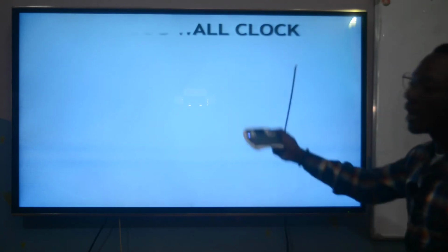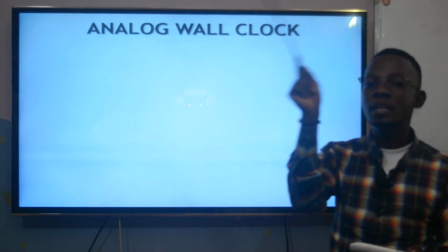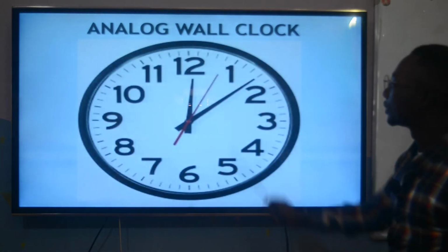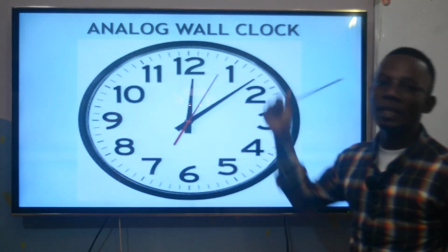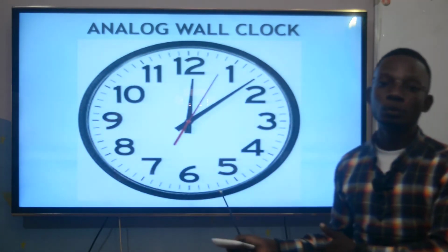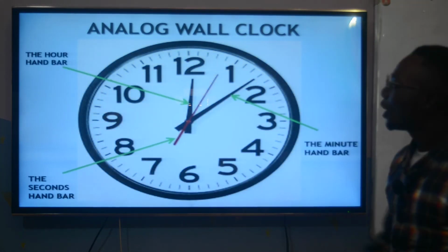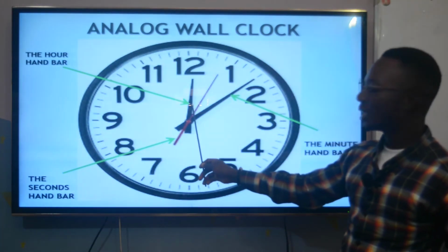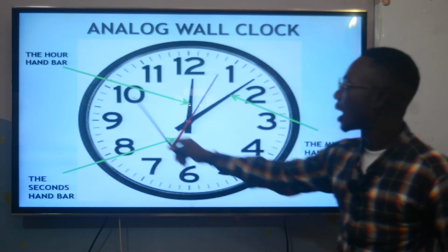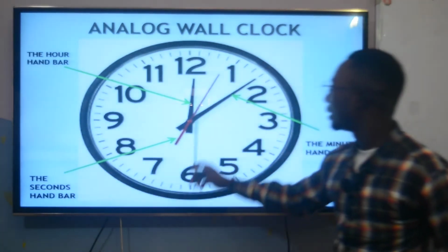Now let's check the analog wall clock too. As I told you, analog, they are being measured. This is an analog wall clock, different from the digital wall clock that I showed you. We have the hour hand bar, which is a little bit short, and the seconds hand bar, which is in red.